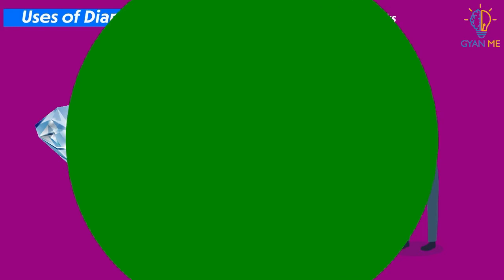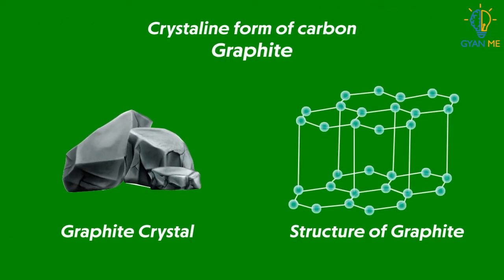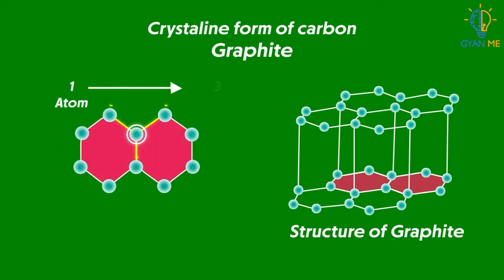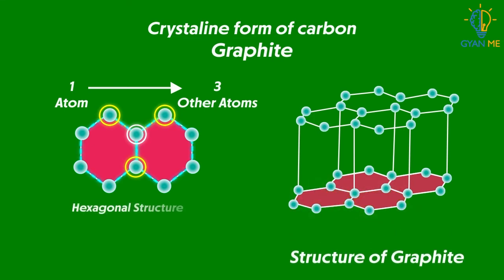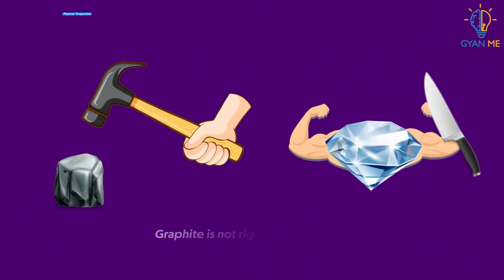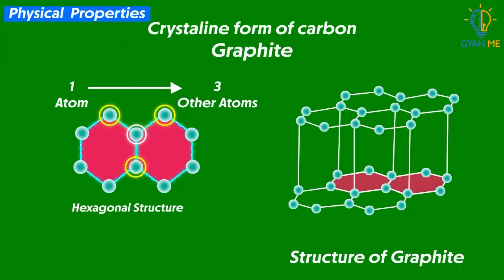Let us now learn about another crystalline form of carbon, which is graphite. In graphite, each carbon is bonded to 3 other carbon atoms. It forms a hexagonal structure in the same plane like this. Now, if you observe, graphite is not rigid like diamond because it is formed by a hexagonal structure consisting of several layers.